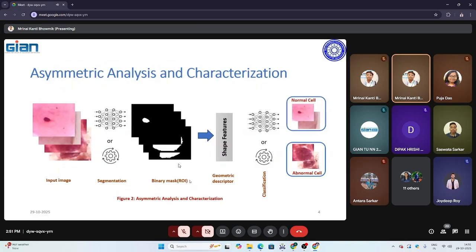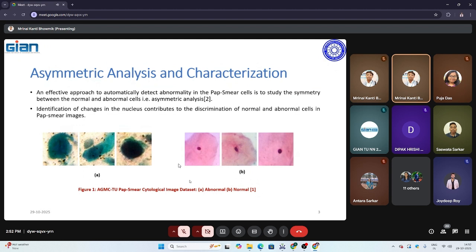In cytology, that is in pap smear screening, the shape and structure of the cell nucleus are key diagnostic indicators. You can see from the previous slide the normal epithelial cell nucleus, which is round and symmetric, while an abnormal nucleus, due to dysplasia or malignancy, becomes enlarged and irregular, or you can say distorted.